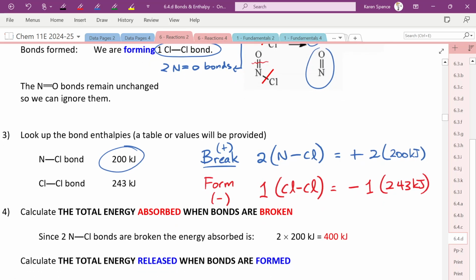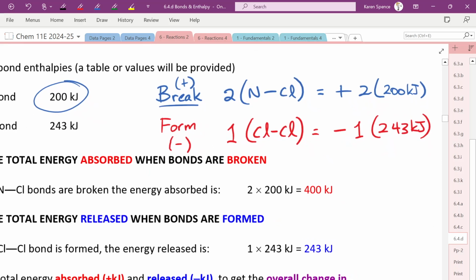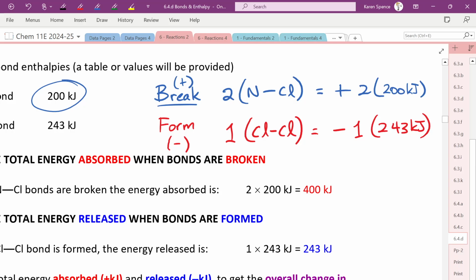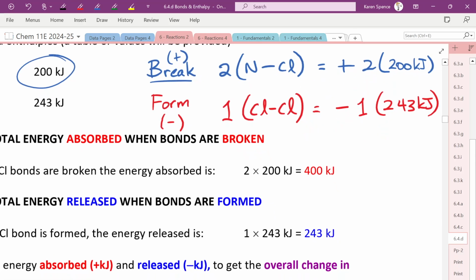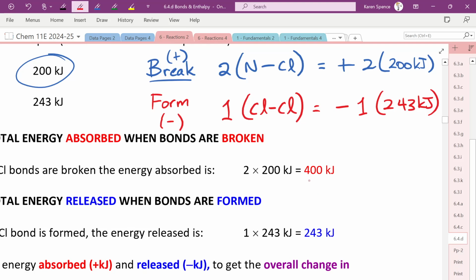Is that good? So our total, when the N-Cl bonds are broken, I've got them backwards. I should have made this blue and this one red. I'll have to go and change that. But anyway, regardless, we have 400 kilojoules absorbed, and so that's going to be positive. And we have 1 times 243, which is 243 kilojoules released, so that is negative.